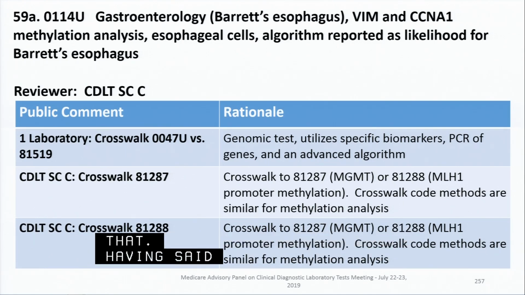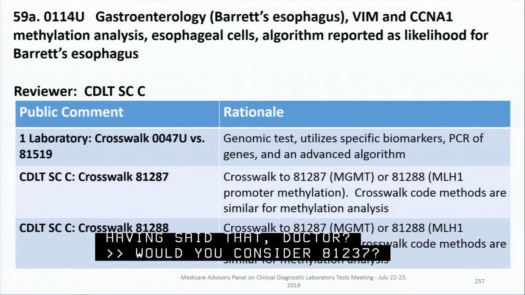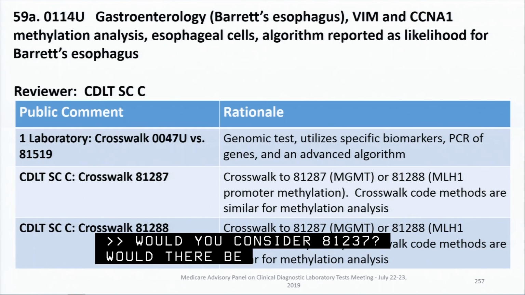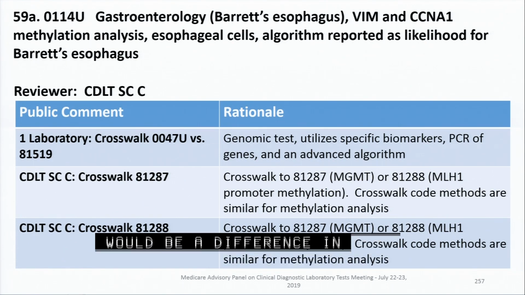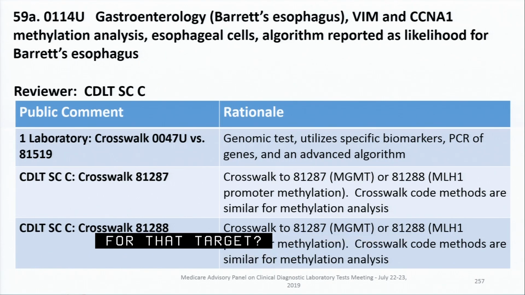Would you consider 81327, the SEP9 promoter methylation analysis? Would there be a reason that there'd be a difference in resources in doing a methylation for that target versus MGMT or the MLH1? It's 81327, SEP9, colorectal cancer.